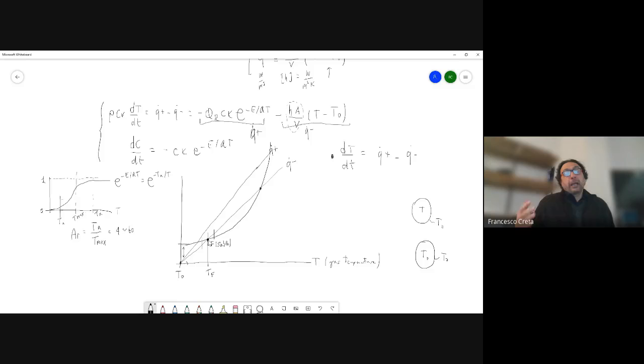Now, obviously, if you let it go, it's not going to stay at TF forever. Why? Because as time goes on, you decrease the concentration of the reactant, and so the reaction rate will tend to decrease until essentially the temperature will revert back to the initial temperature T0.